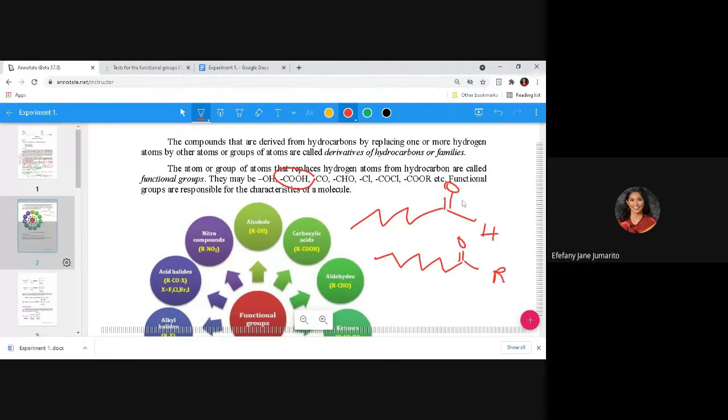If we replace it, then that is what we call derivatives of hydrocarbons. Derivatives, from the word, is derived from our hydrocarbon.